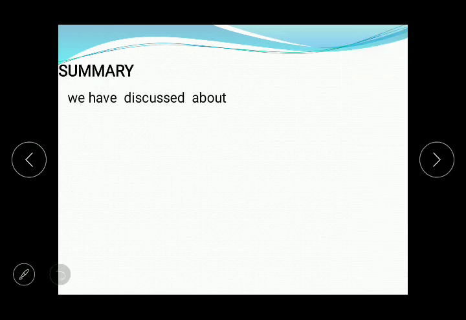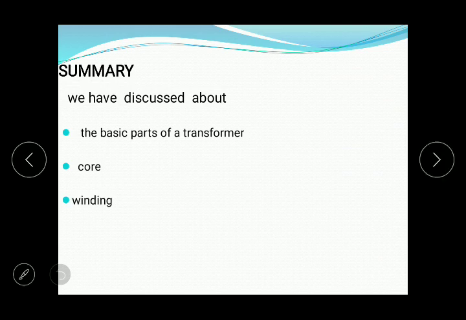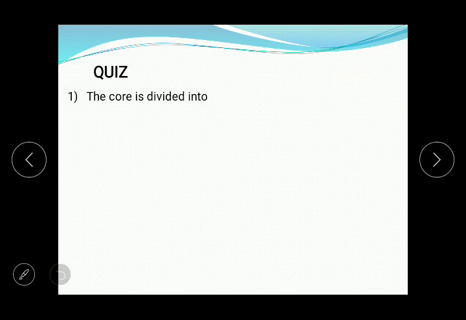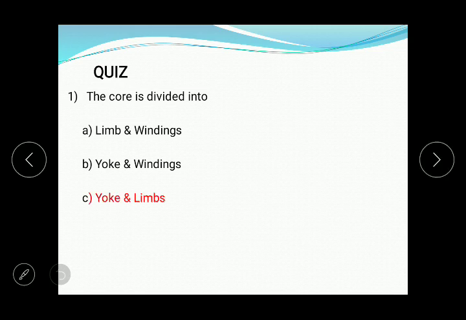So we have discussed the basic parts of a transformer: core and winding. Now let's go for a quiz. The core is divided into limb and yoke, not limb and winding, limb and yoke.